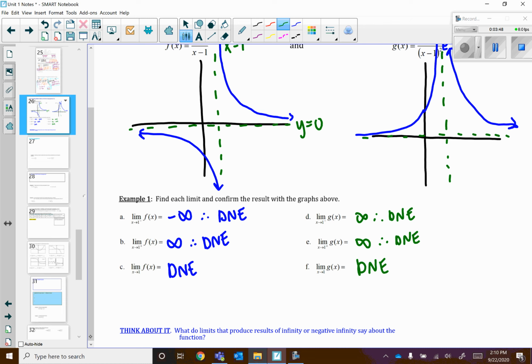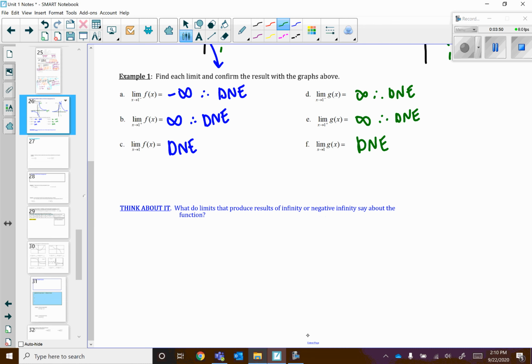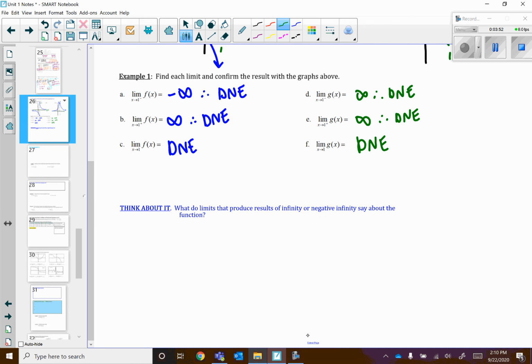So the think about it question is a very simple think about it. What do limits that produce results of infinity or negative infinity say about that function? If we didn't have the graphs here, and we just knew this information, what would we know?